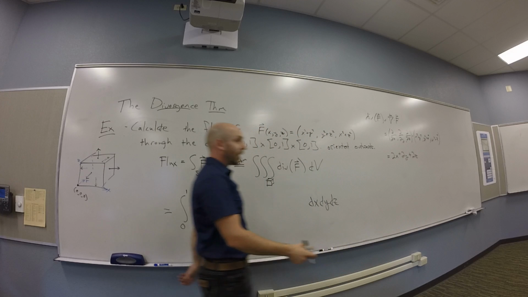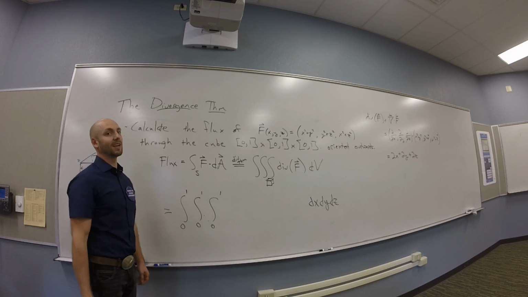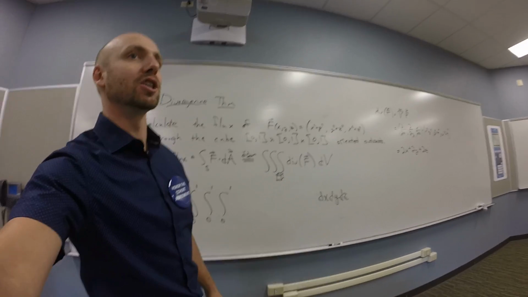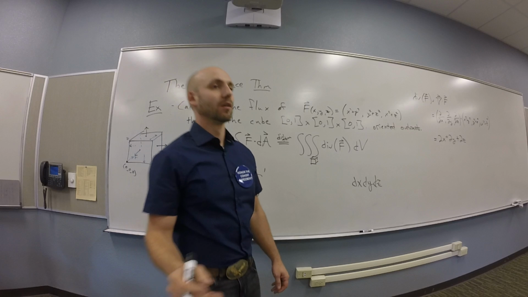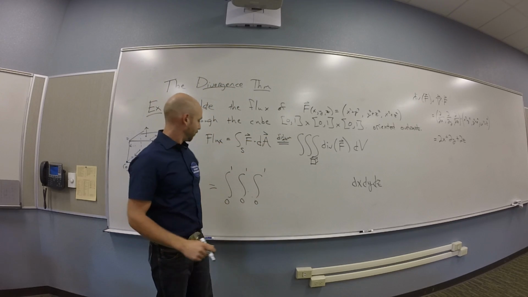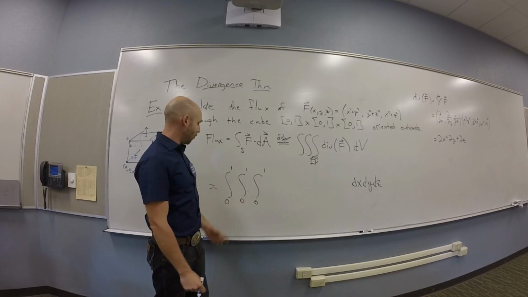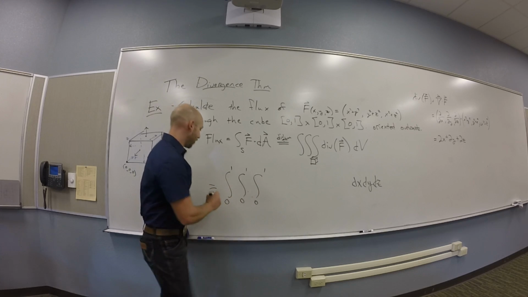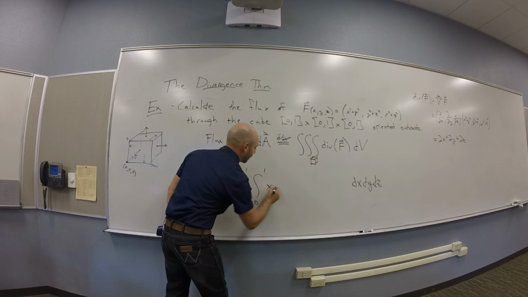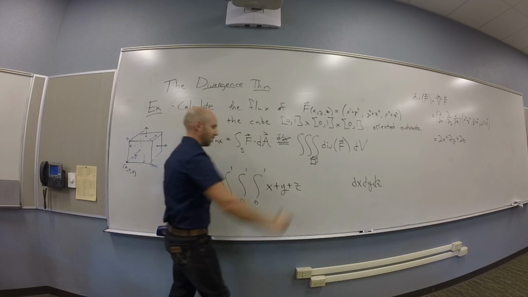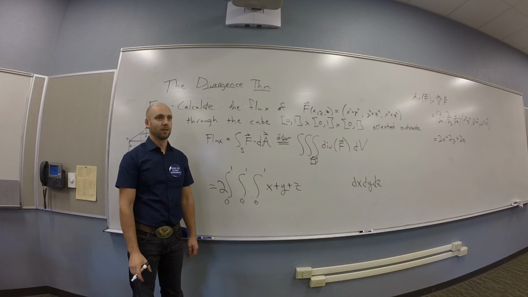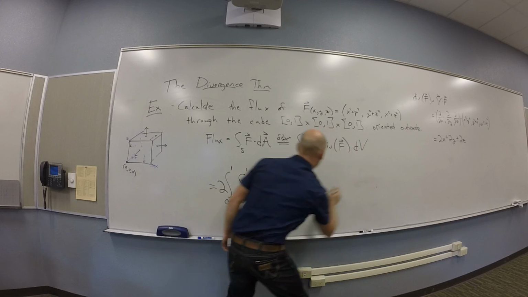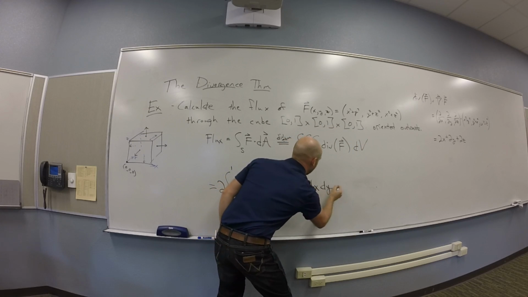So we traded 6 nasty surface integrals, well, actually they weren't even that hard, there were just 6 of them, for the integral from 0 to 1 in every direction of 2x plus 2y plus 2z, which I could maybe even pull a 2 out of. That'll save 3 pages of paper. You guys all good with this? Okay, so let's calculate. dx, dy, dz.